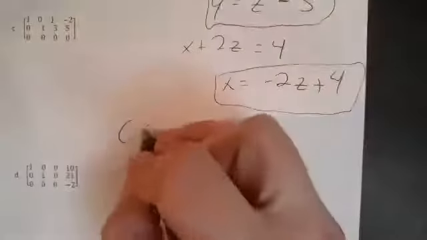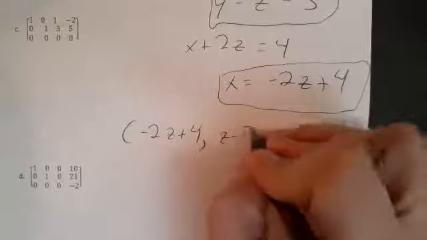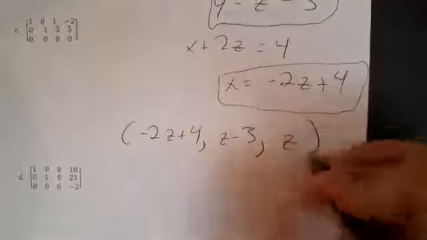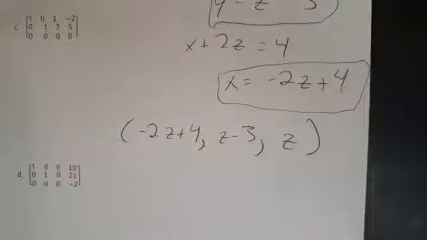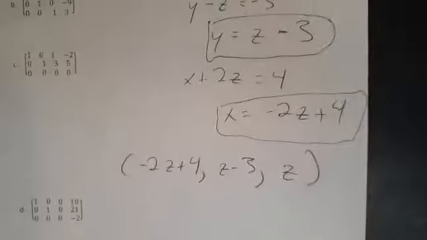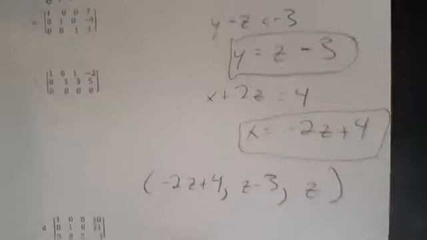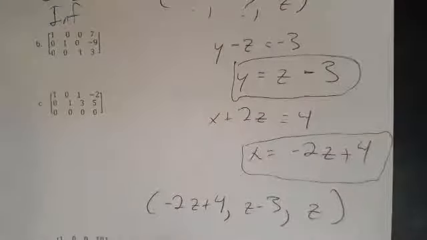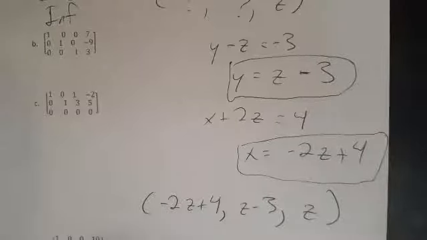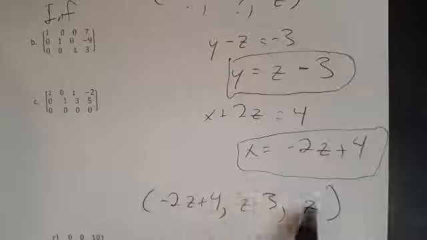My x looks like negative 2z plus 4, my y looks like z minus 3, and my z looks like z. This might look a little crazy, but this is how you write a line in 3-space.